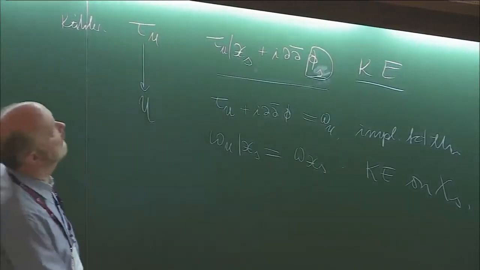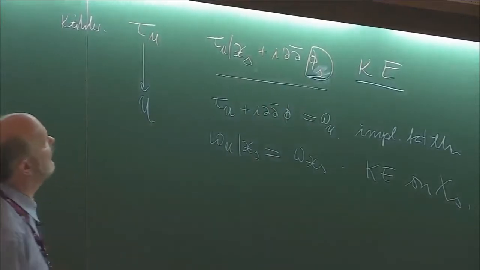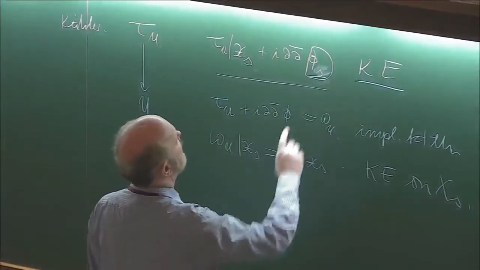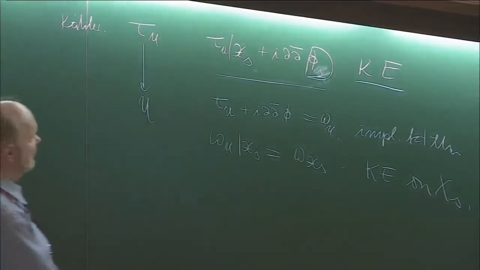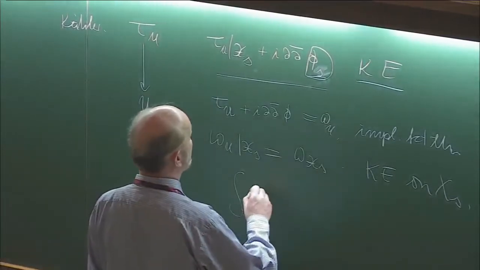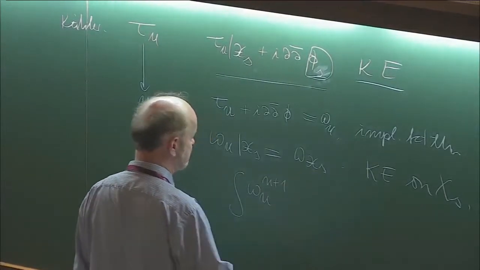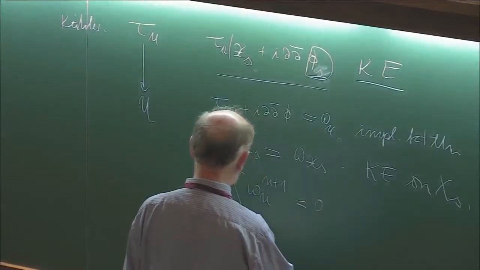And then, of course, we could also say the following. This function here is not quite uniquely determined, but what one can do is normalize omega u to the power n plus 1 so that this is equal to 0.